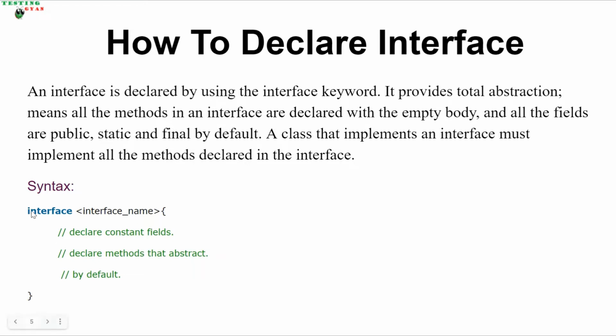So here is the syntax of an interface. It starts with interface and then the name of that interface, then braces open and close, and in between you can define your variables and methods. One thing I'll make very clear again: there can be only a method name and not a method body.